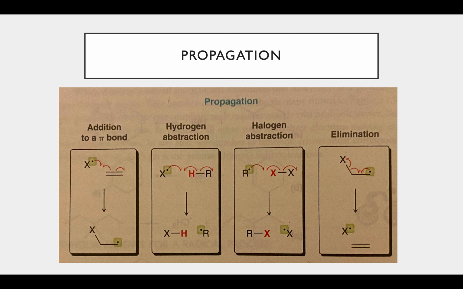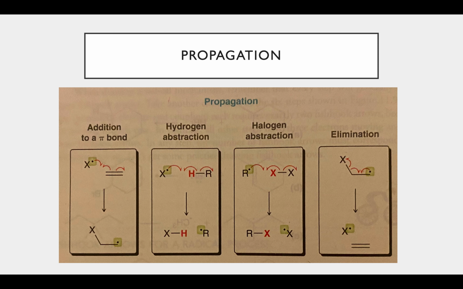Propagation is the result of the highly unstable and reactive nature of the radical. The radical is desperate to complete its octet and will react with whatever it is around in its hunt for electrons. Various different types of reactions can occur at this step, including addition of a radical to a pi bond, hydrogen abstraction, halogen abstraction, and elimination.